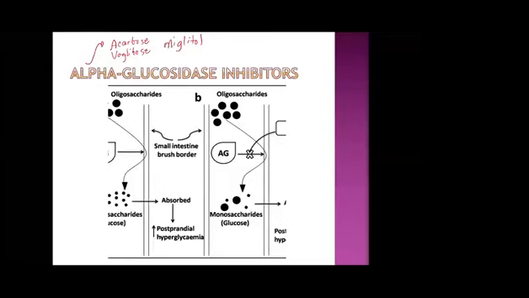Everyone, para maintindihan ang MOA ng alpha-glucosidase inhibitors, i-discuss muna natin ang importance ng enzyme alpha-glucosidase. Mamaya na ang drug. Ang alpha-glucosidase enzyme, this enzyme is important for glucose absorption, for gastrointestinal glucose absorption.